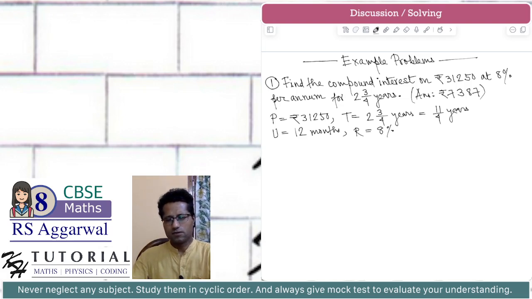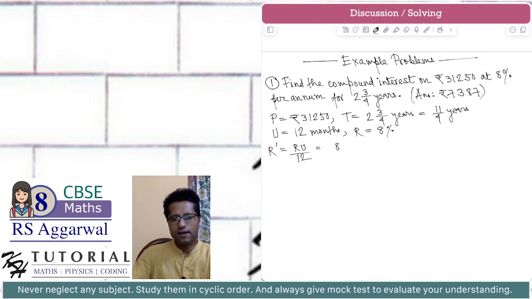Now, the first thing we must do is compute R dash. What is R dash? R dash is R u by 12, which is equal to 8 times 12 divided by 12, which is equal to 8.